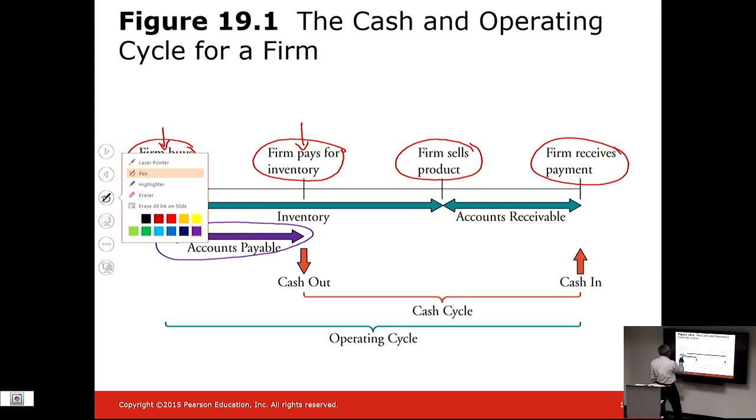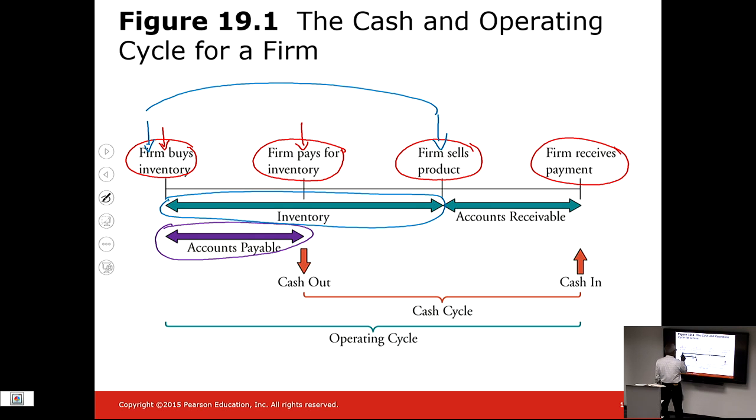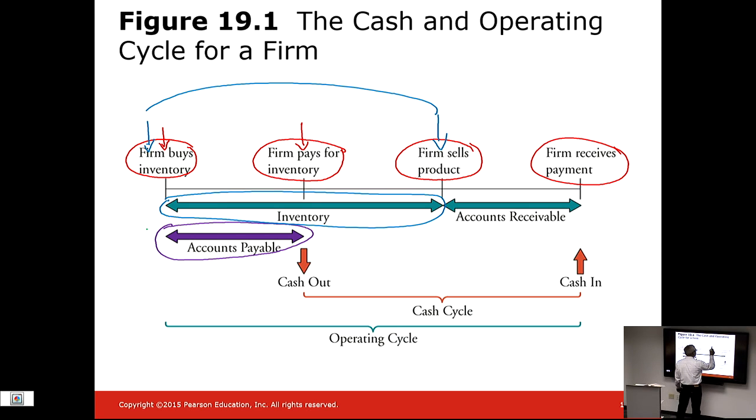The time between when the firm places the order for the inventory and when they produce and sell the product is our days in inventory. And the time between when they sell the product and when they receive the payment from that sale is accounts receivable.